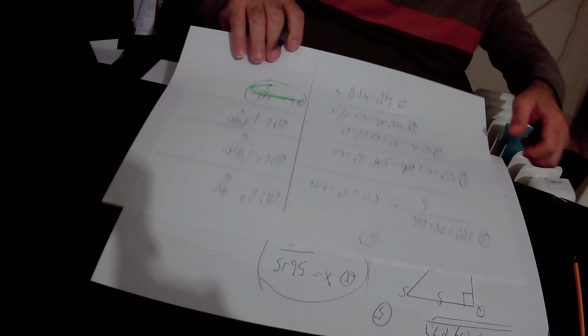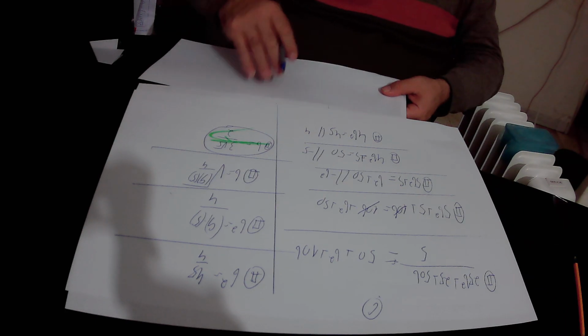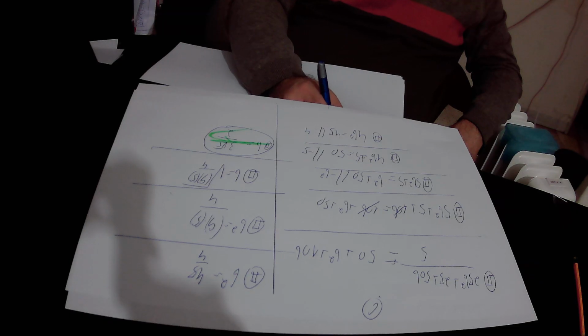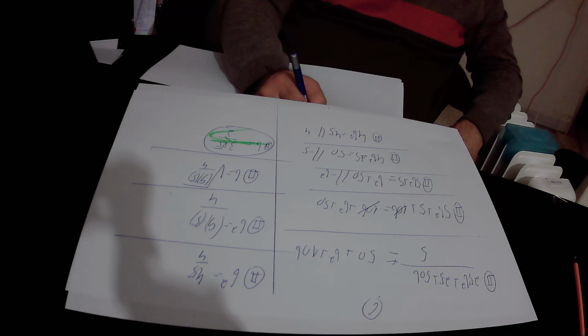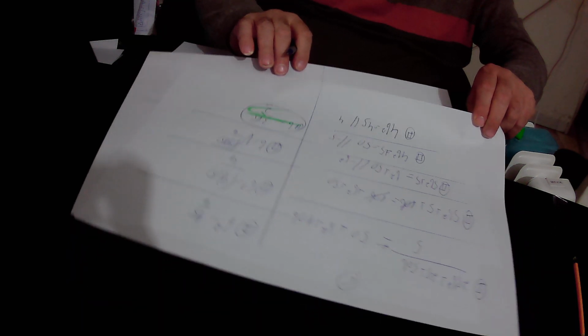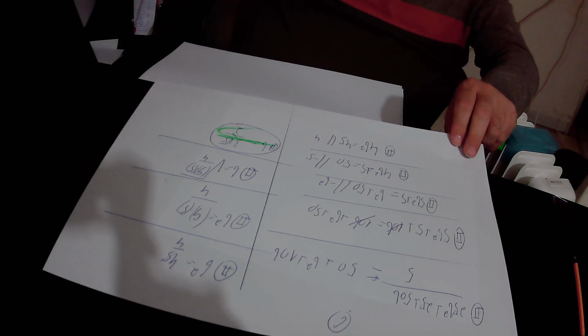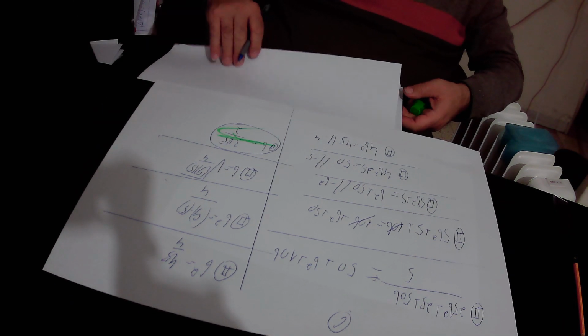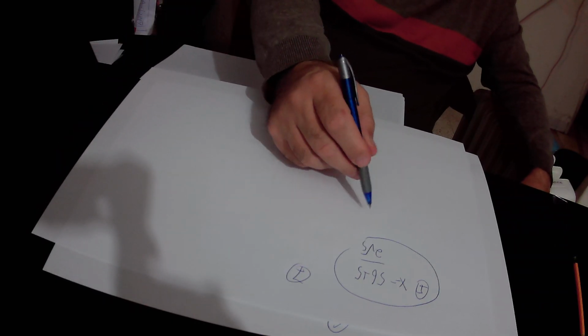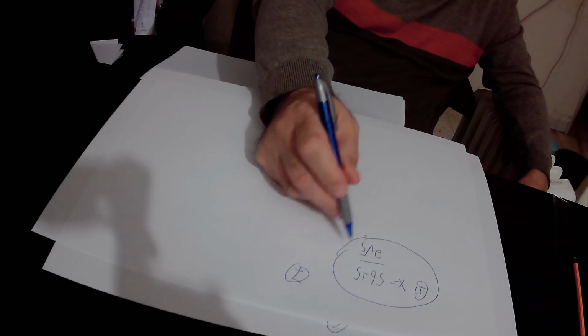While according to equation number 1, we have already found out that x equals 5b plus 5 over 2 times square root of 5.